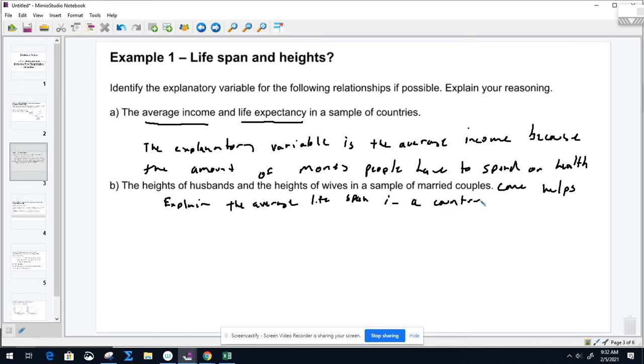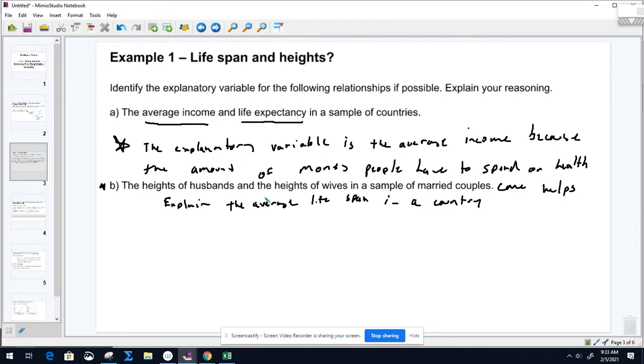And this is really wordy. I'm kind of going right from the book here. But again, the explanatory variable is the average income, because the amount of money people have to spend on healthcare helps explain the average lifespan in a country. Again, the more money you have, more than likely you're going to live longer, because you can afford better food and afford better healthcare, see doctors whenever things are wrong. Okay, so look at example B here.